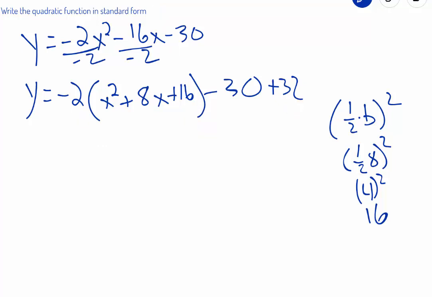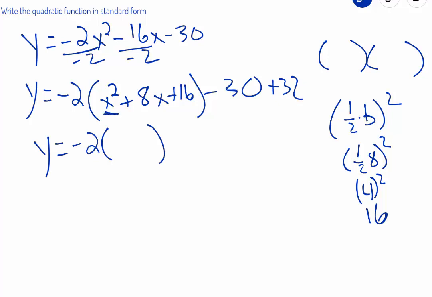Now, the whole reason why we are adding that half b squared and subtracting it from our equation is so that we can factor this. When we factor this trinomial, it should always factor into a perfect binomial squared. Or perfect trinomial squared, I'm sorry. Whenever we factor this, we're getting the same factor twice. Typically when we factor, it factors into a set of two parentheses.